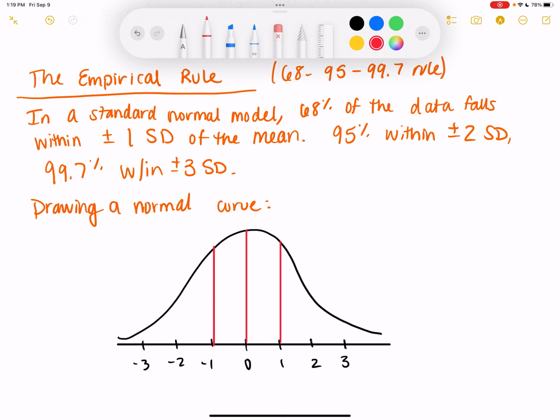I'm just drawing these lines to make it look a little easier. Normally I don't draw them, but it makes it easier to see what we're dealing with the first time. All right, so this rule says that between plus or minus 1 standard deviation, we have 68% of the data. So 68% lies in here.